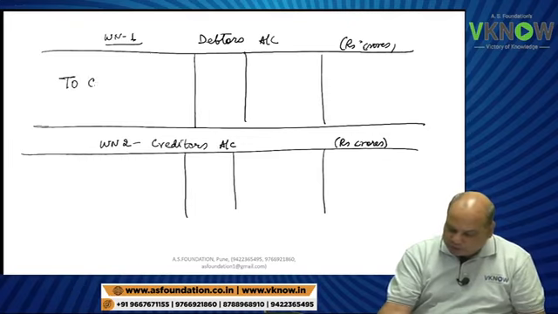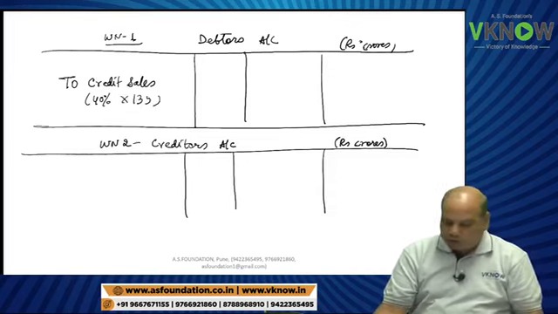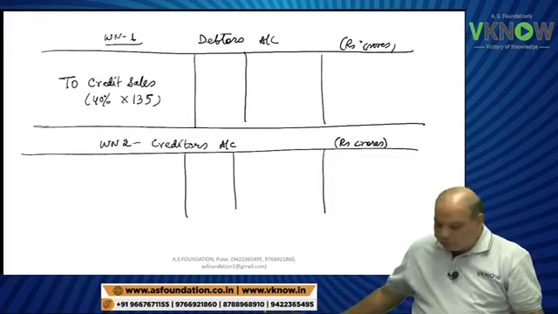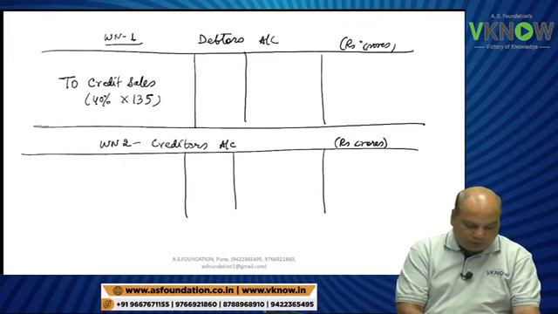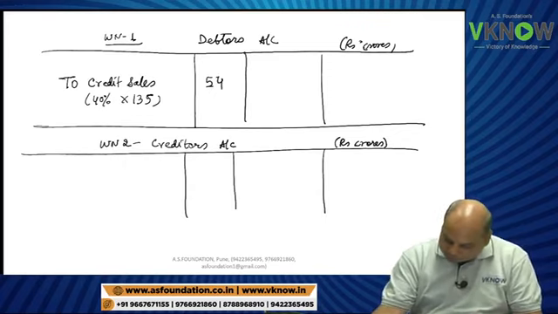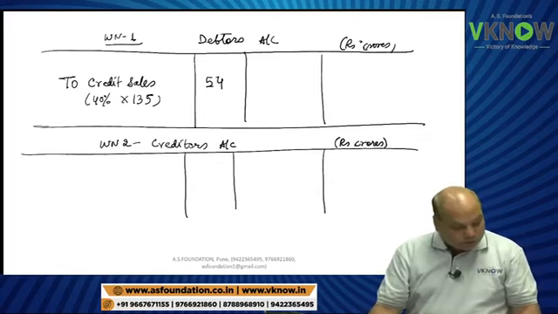Debtor account debit side to credit sale, 40% of 135. How much is that? 40% of 135 is 54. Continue.